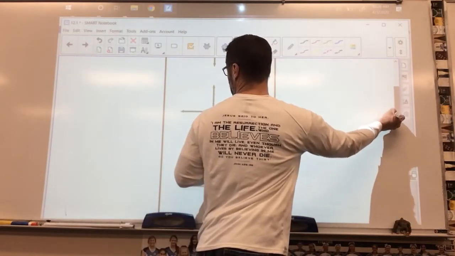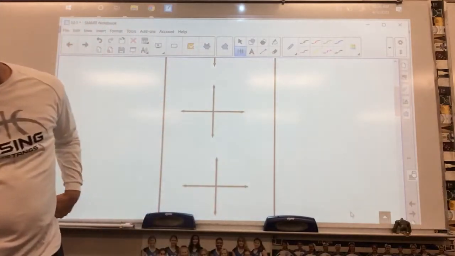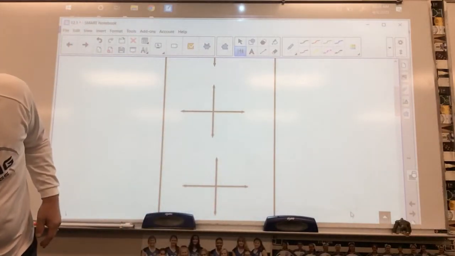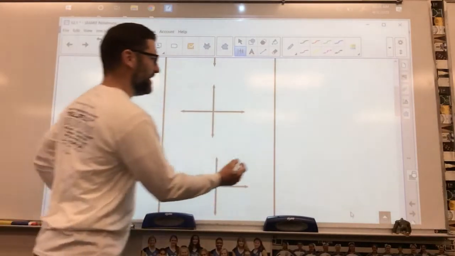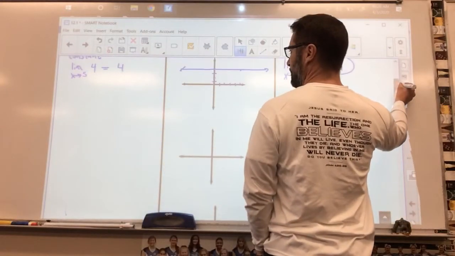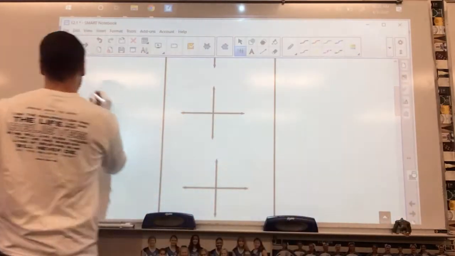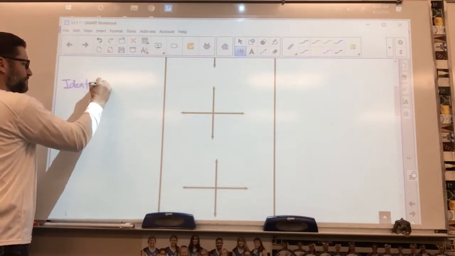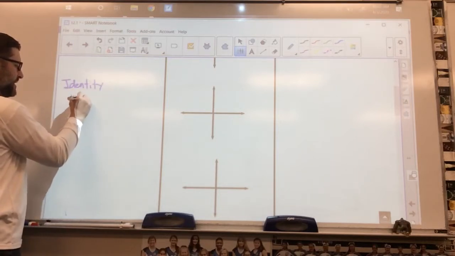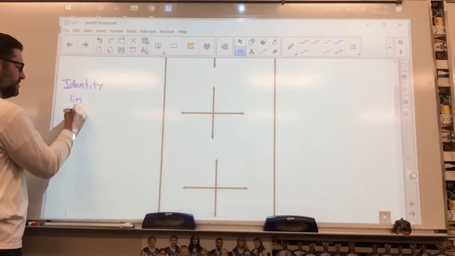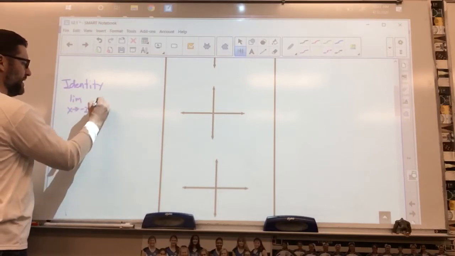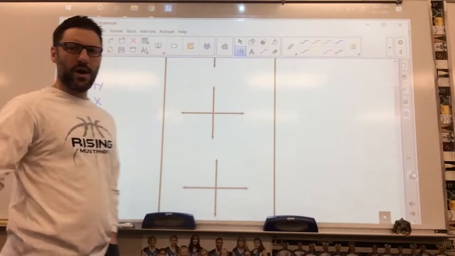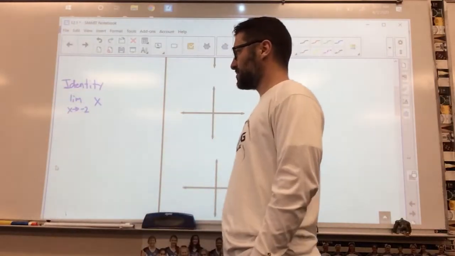All right, number 2, the identity function. So we had the constant function. The next one, we've seen this one before, the identity. The limit as x goes to -2 of x, and y equals x is the identity function.